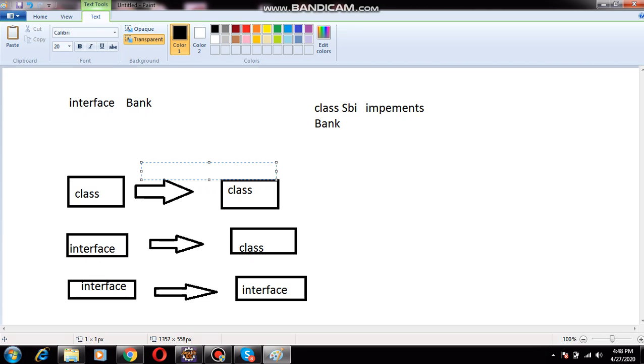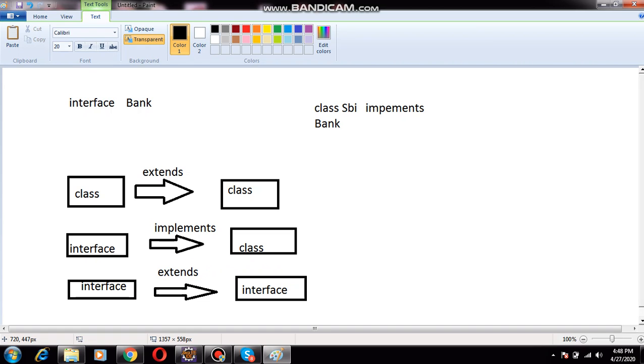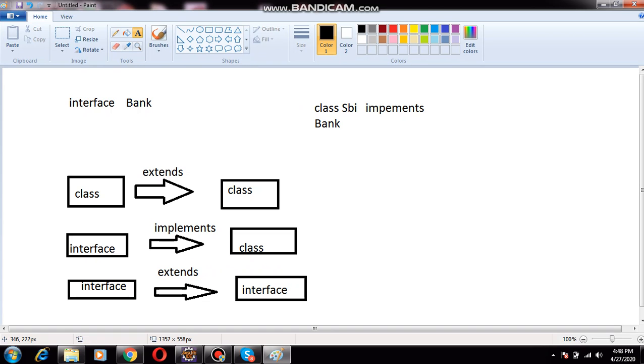If you are using class to class, we can go with extends. Interface to class, we have to go with implements. Whenever we are using interface to interface, we can use extends. So class to class extends, interface to class implements, and interface to interface also extends.